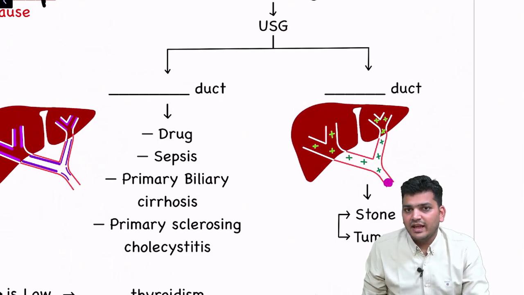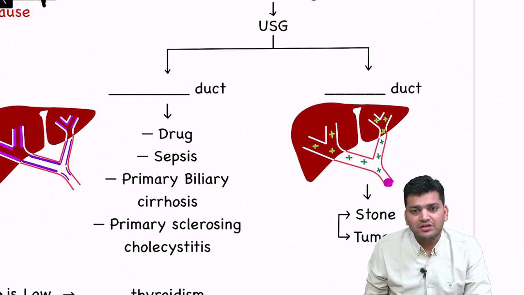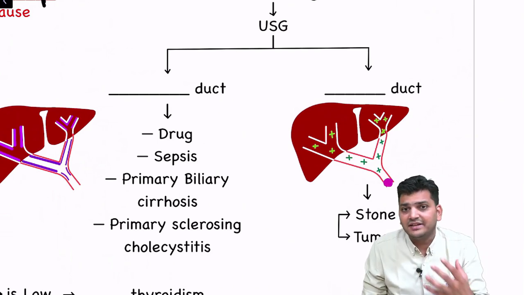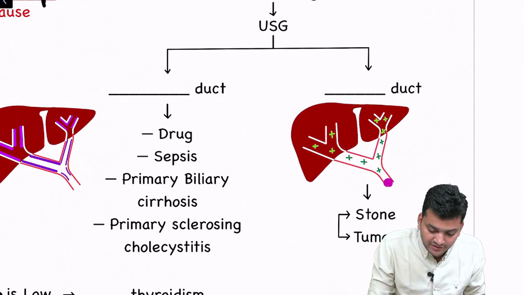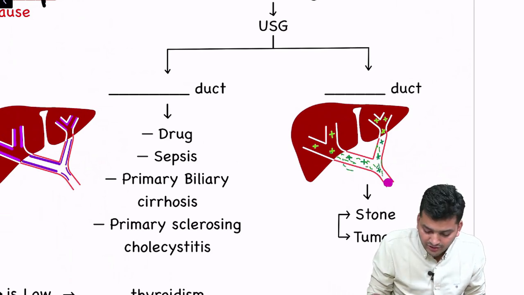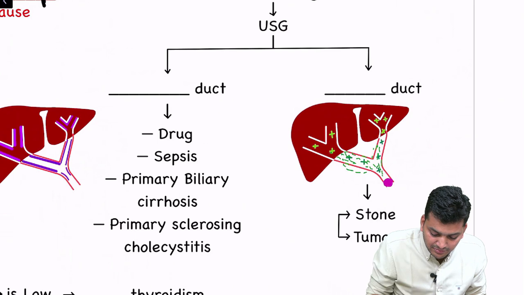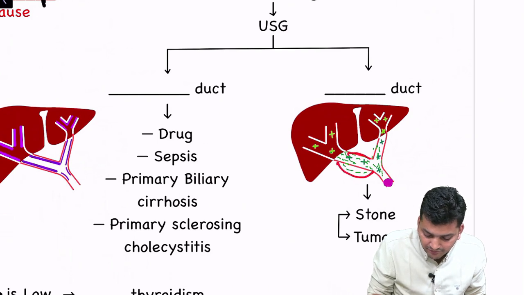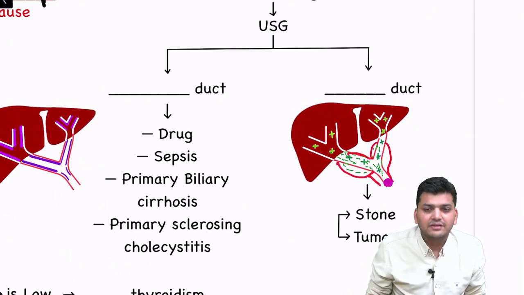This is an extrahepatic obstruction. In that case, the bile will come up to this point, will not be able to flow forward, and will accumulate here and here, and this biliary tree will be distended like this.